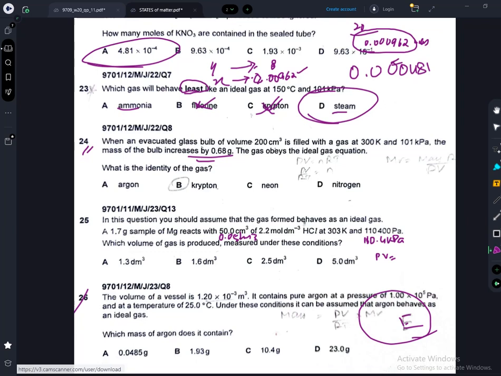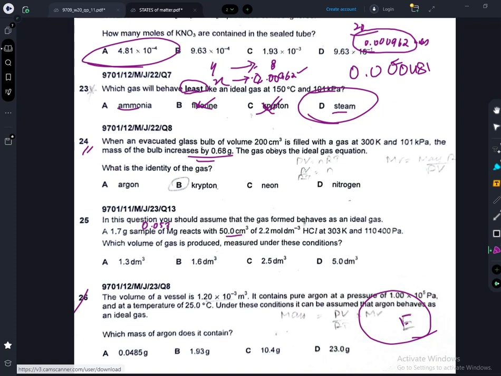PV is equal to nRT. No, what am I doing actually? This is again stoichiometry, and both the moles are involved. 1.7 gram of magnesium means 1.7 divided by 32, which is 0.053 moles of magnesium reacting.